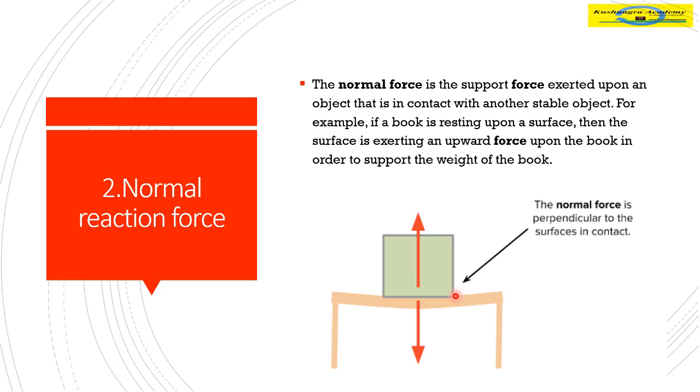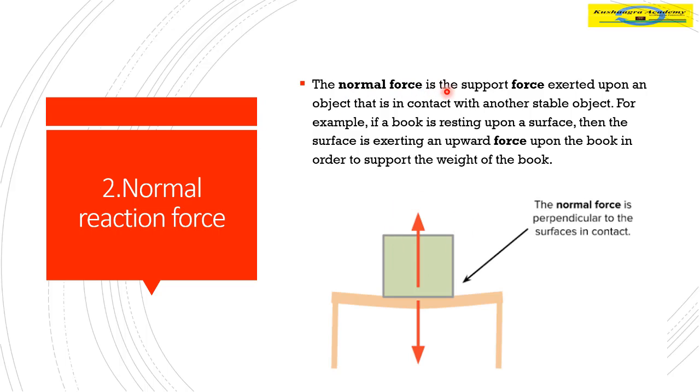We can understand this. But if we are seeing there is only one force in the downward direction, which is the gravitational force, and the box is also not falling down, there has to be another equal and opposite force which is holding the box on the table. This is known as reaction force. So let's study what the normal reaction force is.